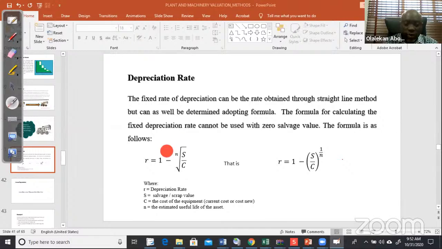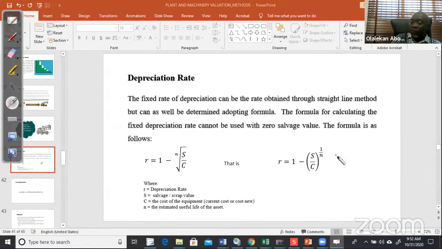So this formula you have here is what I rewrote like this, just for convenience, whichever is convenient for you. Because I've had a series of cases where, when you write it like this, candidates ask, what is the meaning of this nth root now? So I try to break it down so that you can use whichever one is more convenient. And I always tell my candidates, even when you want to use this one and you don't know how to determine your 1 over n on your calculator, just say 1 divided by your n, whatever the figure of your n is.